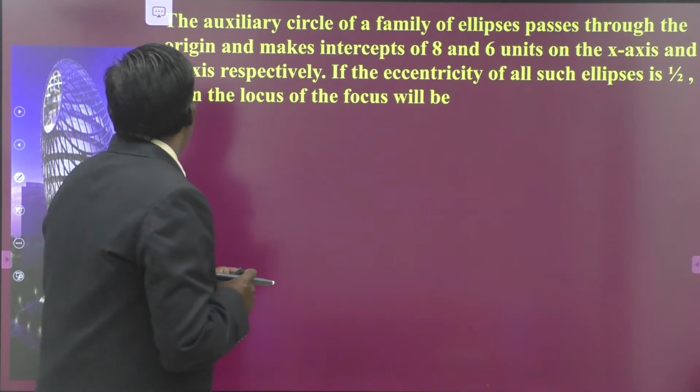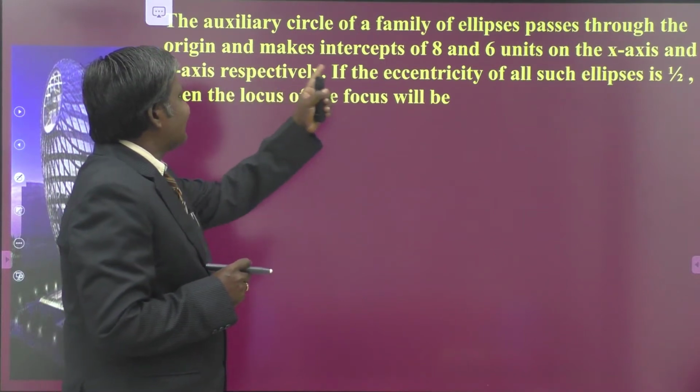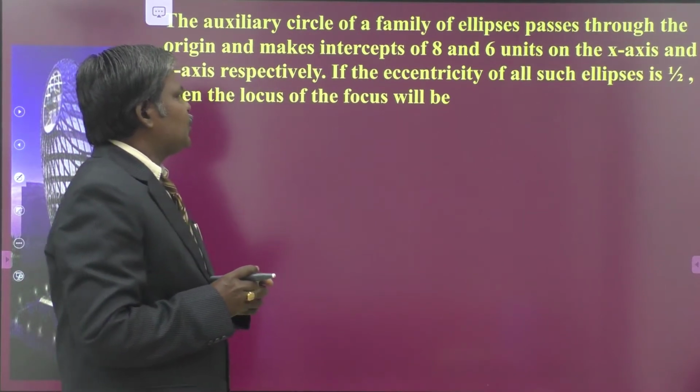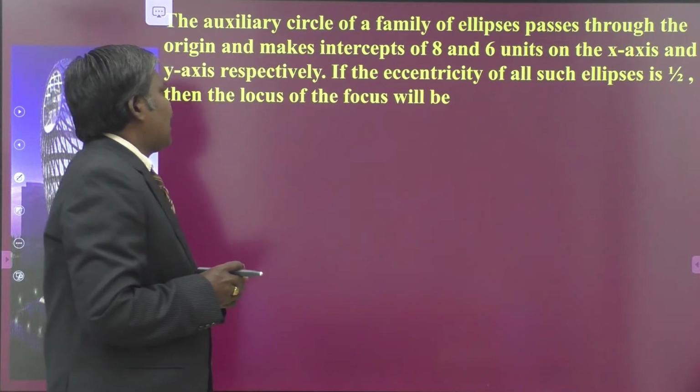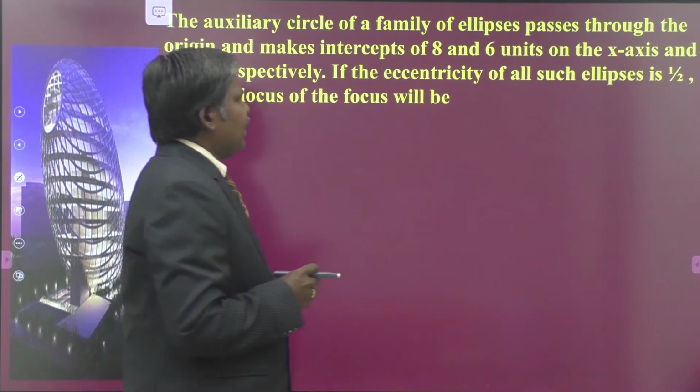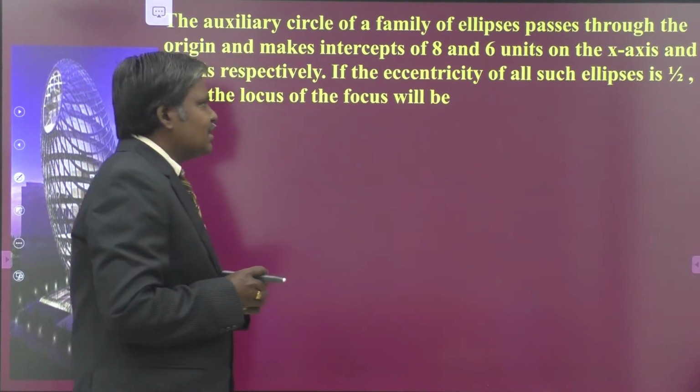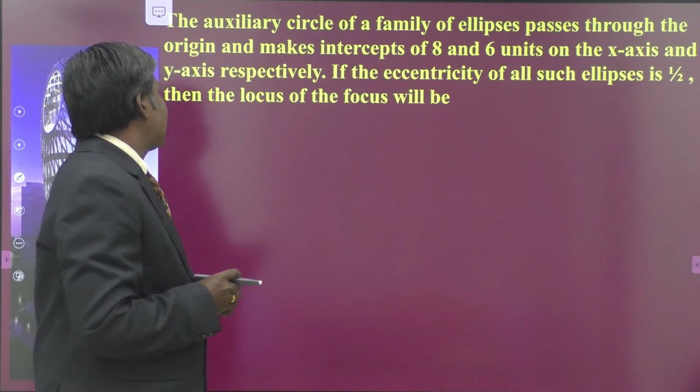Next one. See this: the auxiliary circle of a family of ellipses passes through the origin and makes intercepts of 8 and 6 units on the x-axis and y-axis respectively.